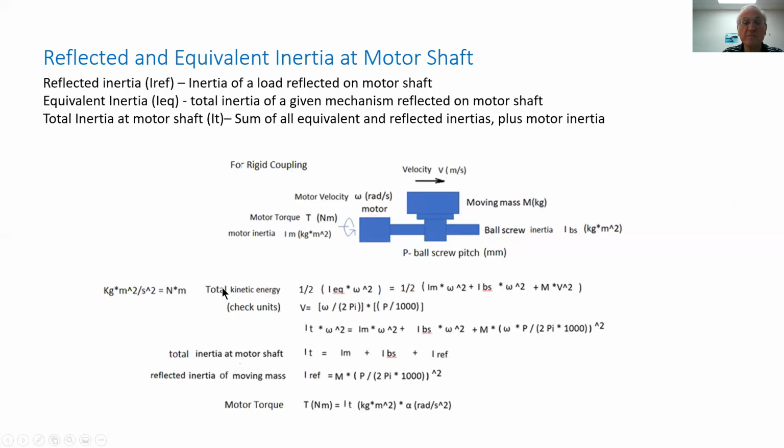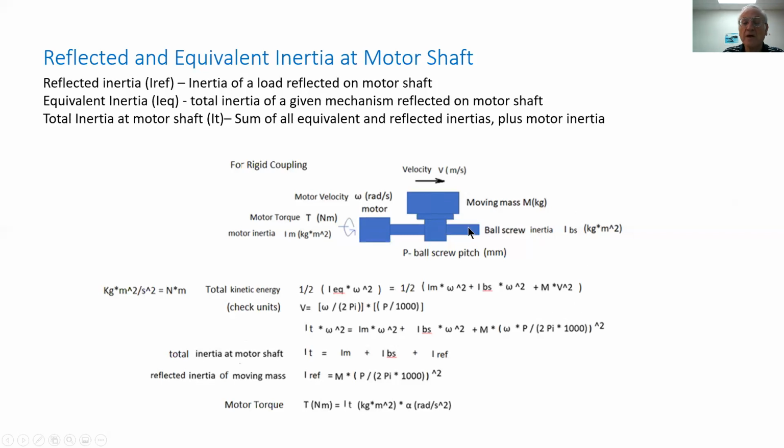This shows us, for example, that to determine the reflected inertia of the mass on the motor shaft, which is one part, what we have to take is the kinetic energy of the moving mass, which is mass times velocity squared divided by 2. We see this over here.